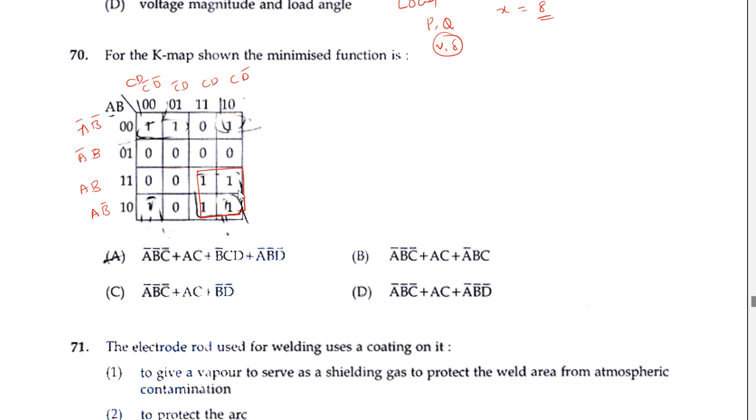If you are mapping this 4 here, the common point is A, so this one will be A. In these terms, 1 means C, so again you can map 4 here, 1, 2, 3 and 4. From these common points, what you can observe is B bar and D bar, plus A bar B bar and C bar. So the answer will be C here.